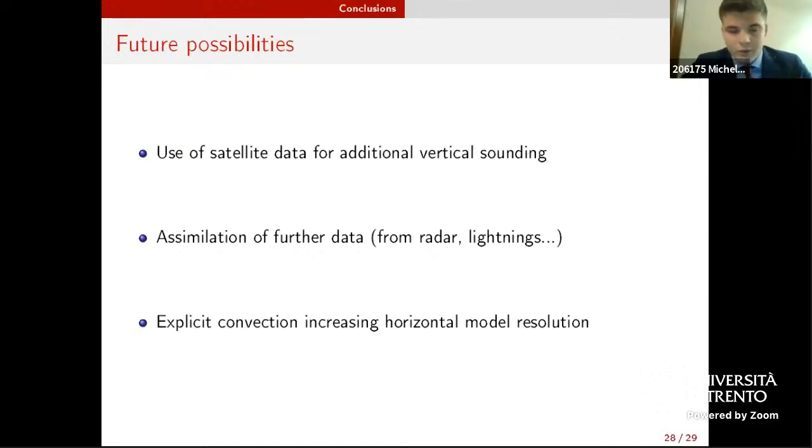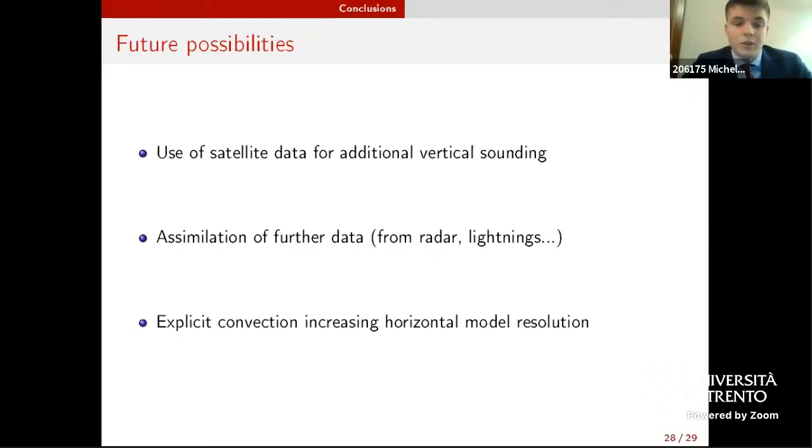So all these kinds of sources can work together to improve the modeled initial state of the atmosphere, and so improve the prediction for nowcasting and why not also for short-term forecast.